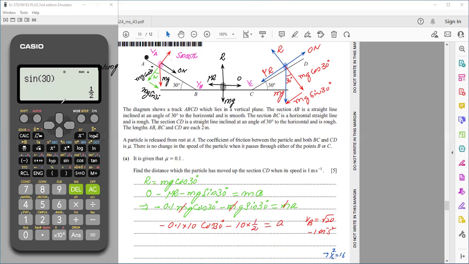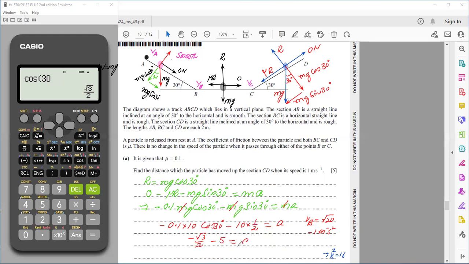Now use the calculator. What should be the answer of these terms? The cos of 30 degree is equal to root 3 by 2. So I put in root 3 by 2. That becomes 1 when I use the calculator, so I will get minus root 3 by 2, and this becomes minus 5.